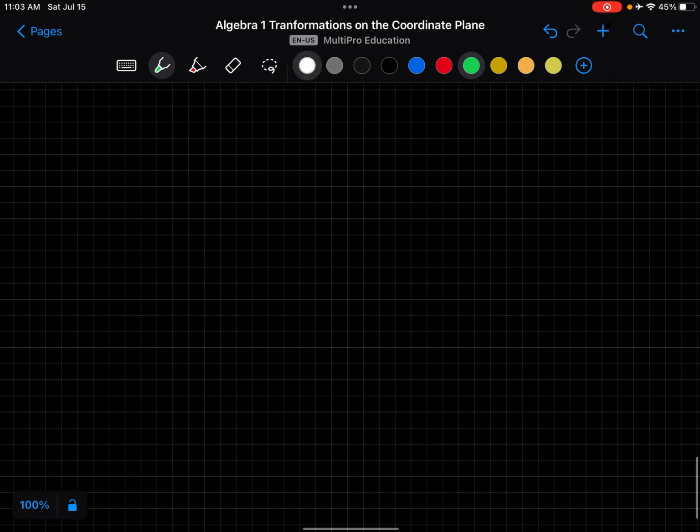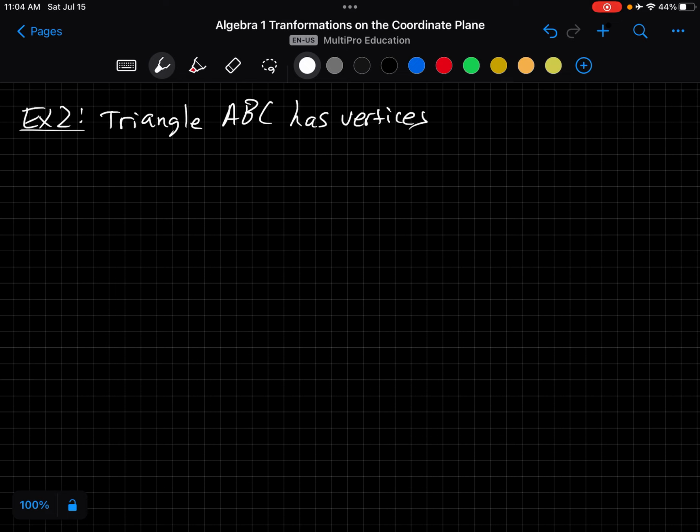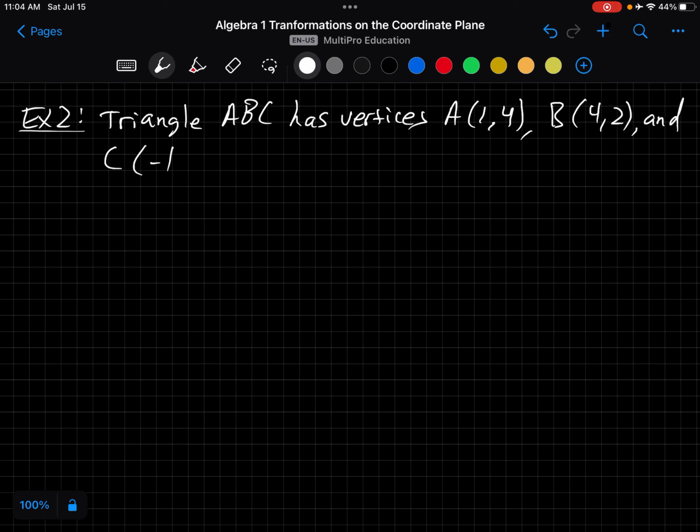So let's look at an example here. Example 2. Triangle ABC has vertices. A is 1, 4. B is 4, 2. And C is -1, 2. Alright, we have multiple parts to this.